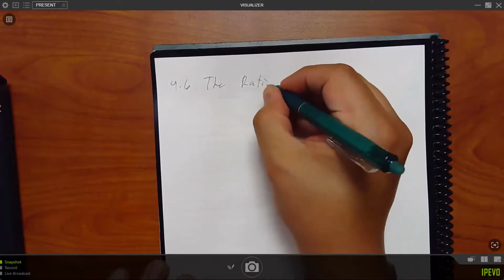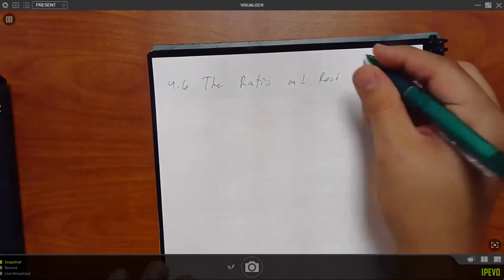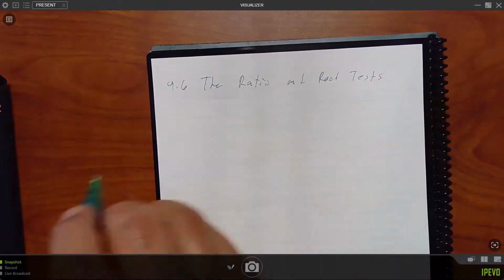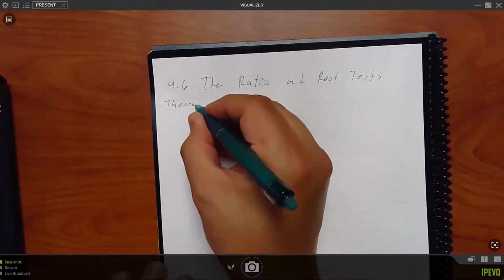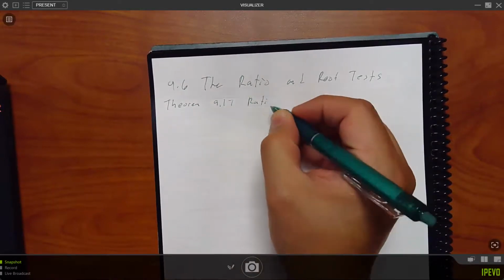The ratio and root test. There's two more tests here. I don't know how many we've done already. Talk about the ratio first.